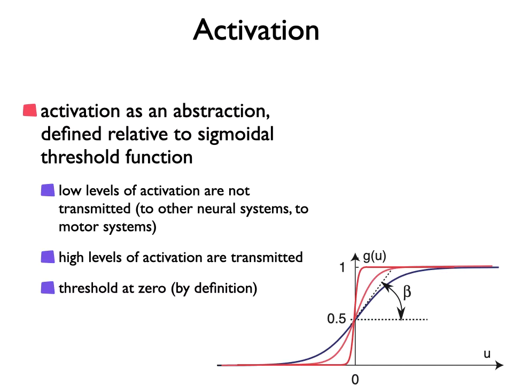So activation is used in a lot of neural modeling, and that will be in our approach as a more abstract variable that is really defined relative to some sigmoidal function, and you will see that later in that the sigmoidal function determines what levels of activation are transmitted elsewhere to other parts of the nervous system, and ultimately to the motor systems.